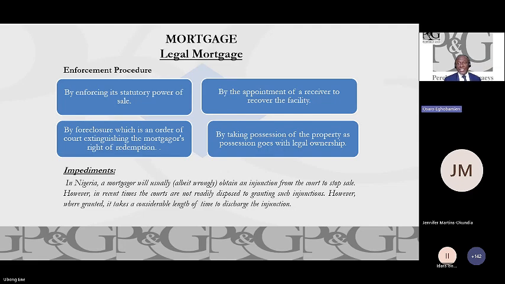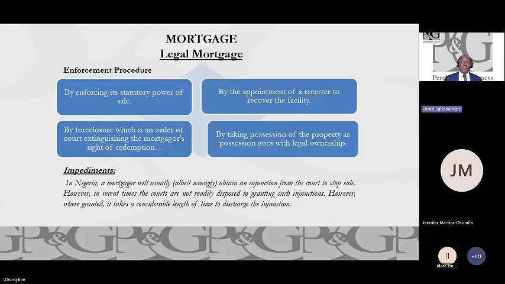That injunction that he obtains can be in the docket of the court for many, many years, maybe all the way to the Supreme Court. And again, at that point, the bank might have to make full provisions for that particular loan. It affects the bank's balance sheet. It affects its capital. It affects its capital adequacy.